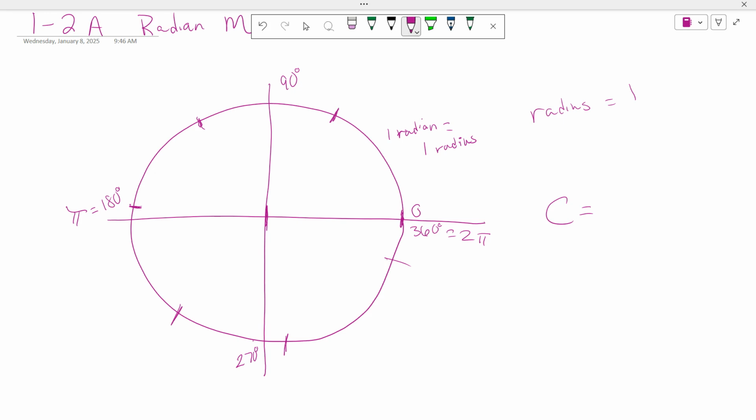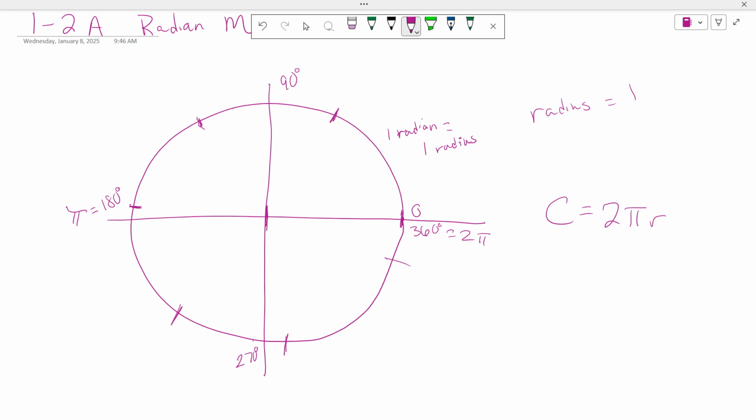The circumference of a circle is 2 pi r, 2 times pi times the radius. So there's 2 pi radians in a circle. And in trig, we use radians a lot. So we have to understand the concept of radians.